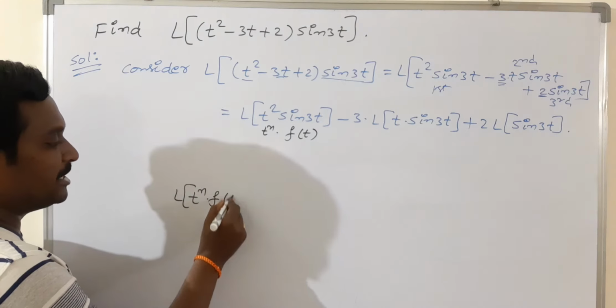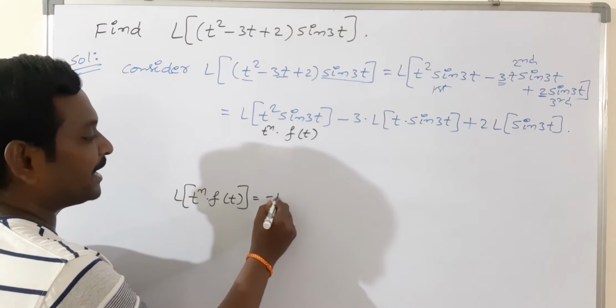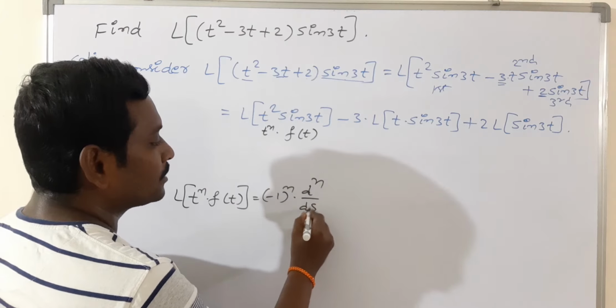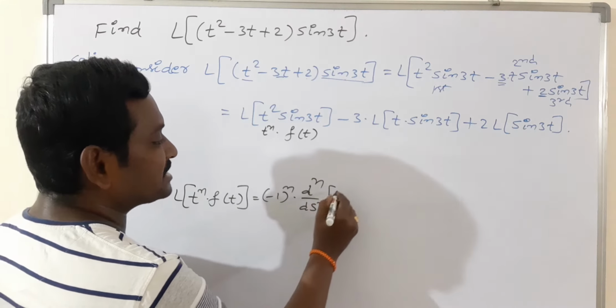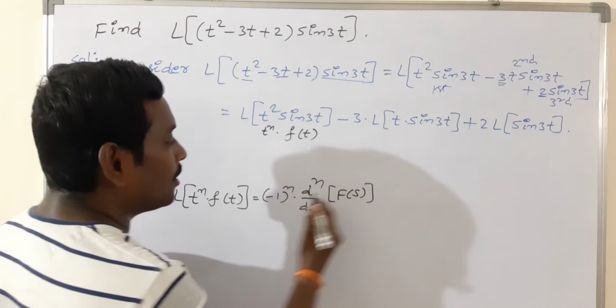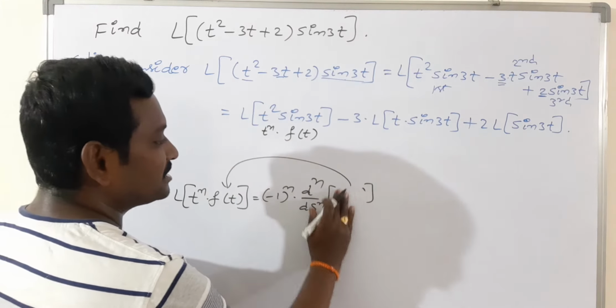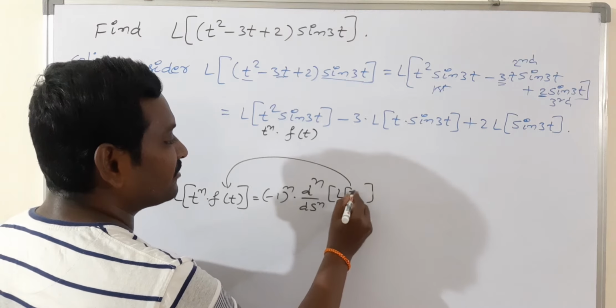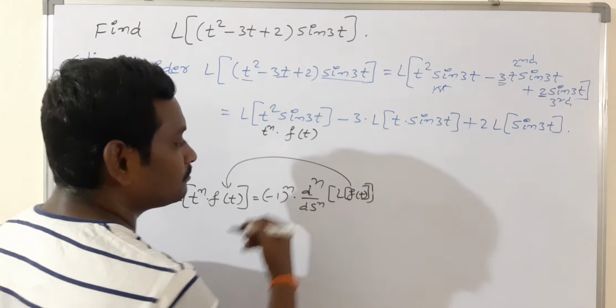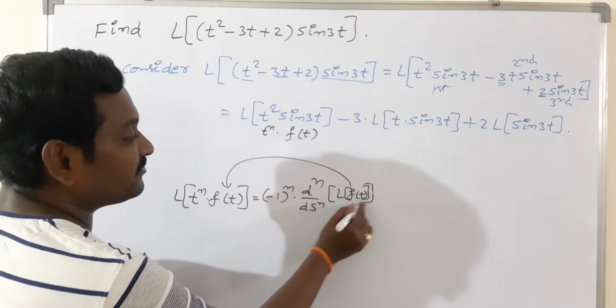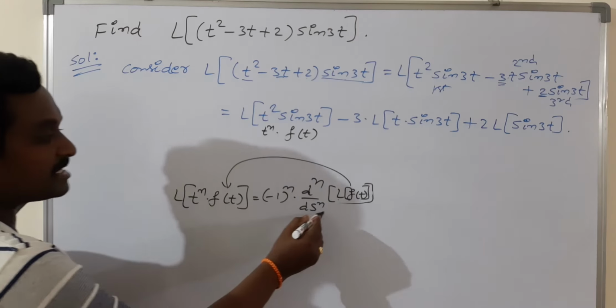L of t power n into f of t is nothing but minus 1 whole power n into nth derivative with respect to s of the function f of s. What is f of s here? Laplace transformation of this function. That's why you can replace it by L of f of t. We should take n times derivatives of the function L of f of t with respect to s.